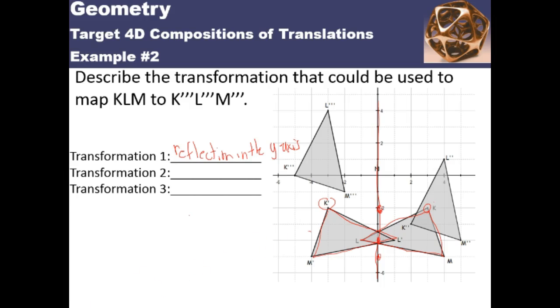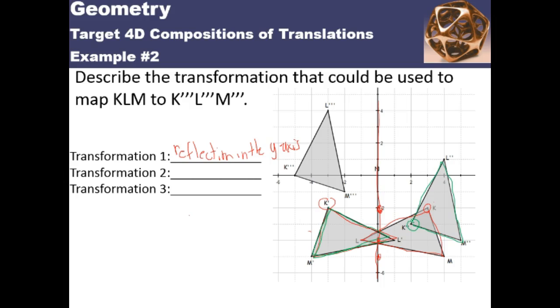Now, let me get another color. And I'll do this green. So now we have to go from K prime, so that's this green triangle here. This is the prime one. To K double prime, which is right here, and that's this triangle here.